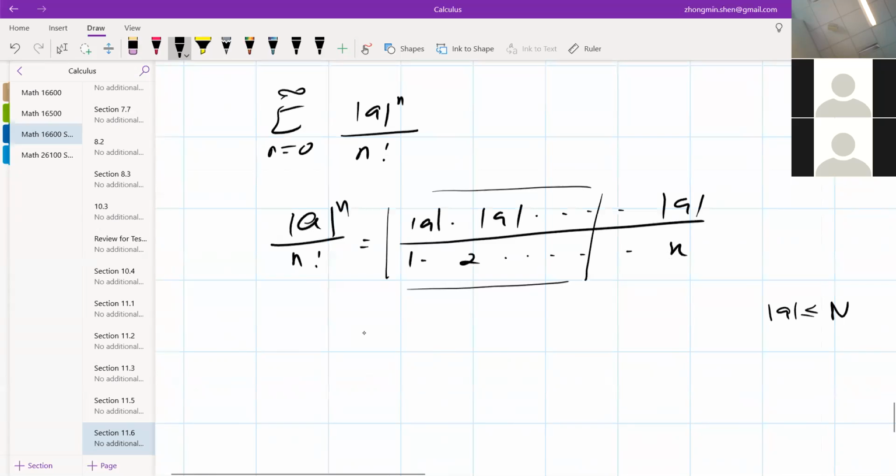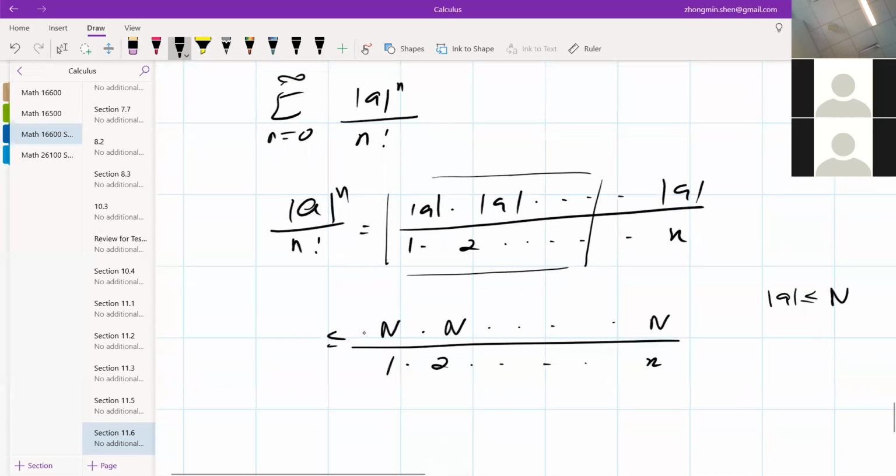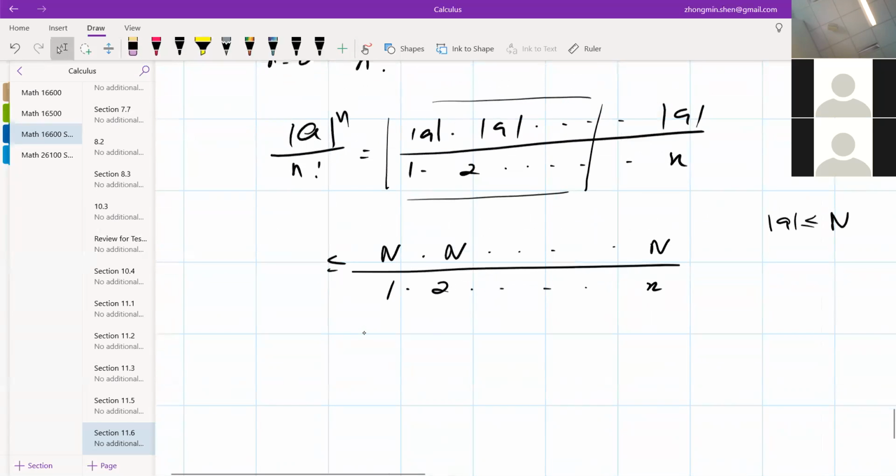Because a is not necessarily an integer, I make it simpler. It's going to be capital N, and so on. Then it's easy to understand. So here's capital N, somewhere here.